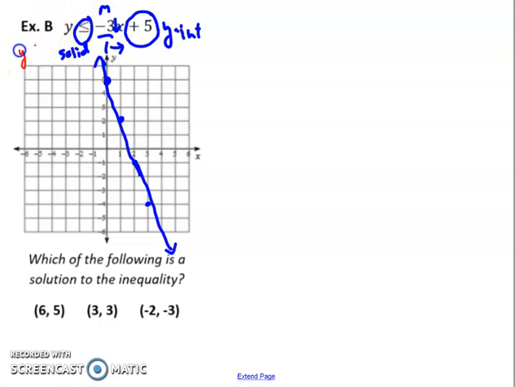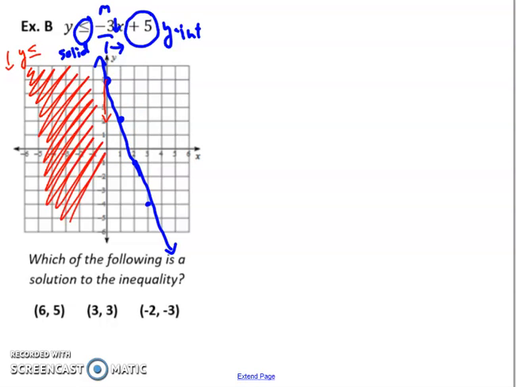This is y is less than or equal to. So that means we want to shade below our y-intercept. So all of this side this time is the solution. And this side then is not part of the solution.